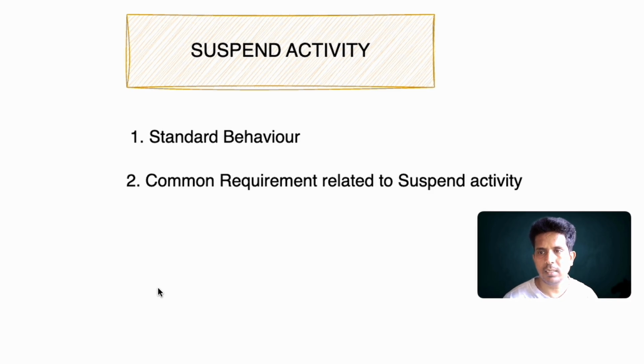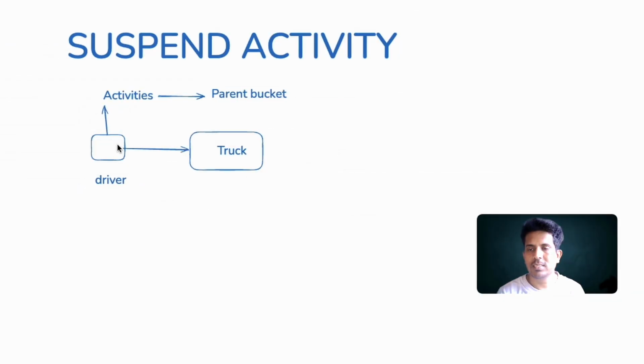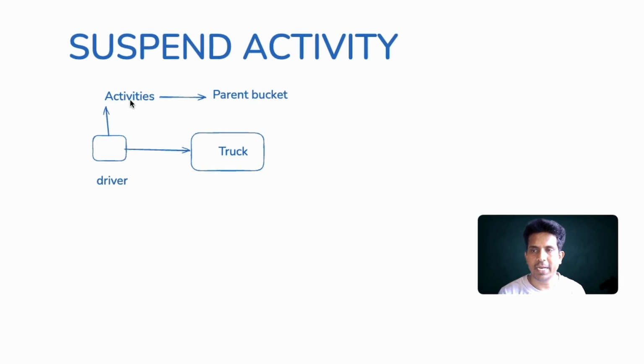We'll see the standard behavior when a suspend action is clicked on the activity. We'll also discuss a very common requirement related to suspend activity. Let me tell you a scenario. Here you can see a truck is assisting a driver, and the driver has several activities, but the driver has suspended one activity.